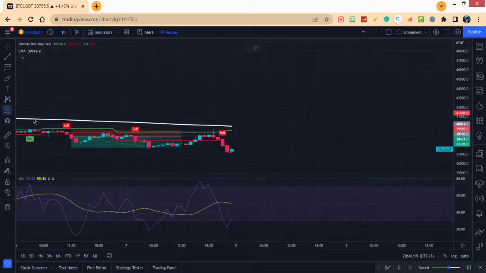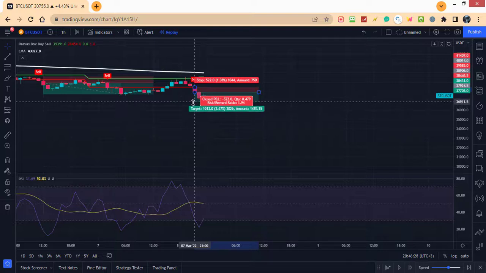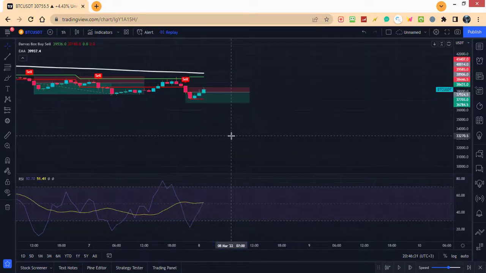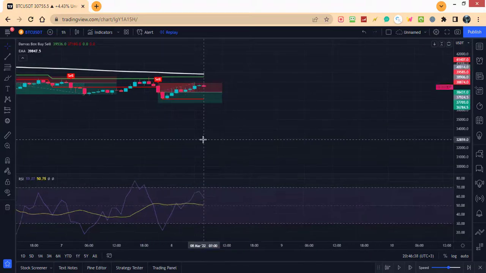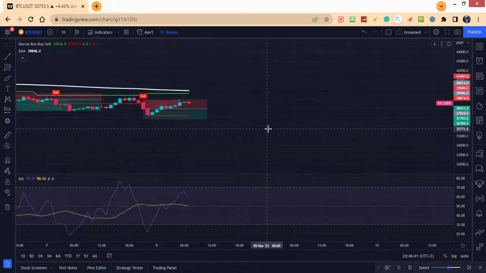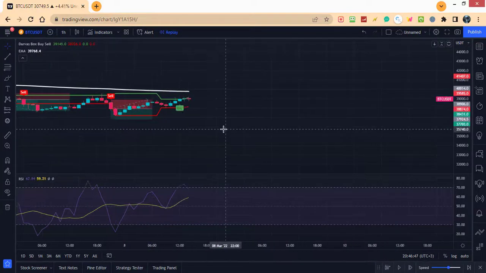Another short position, we can take this short position too, and let's see where it can go. Here is our short position, stop loss, and you can see stop loss is hit. So that's our losing trade.